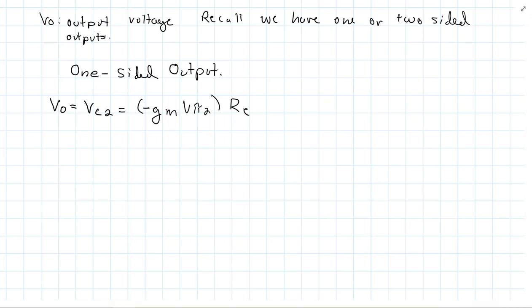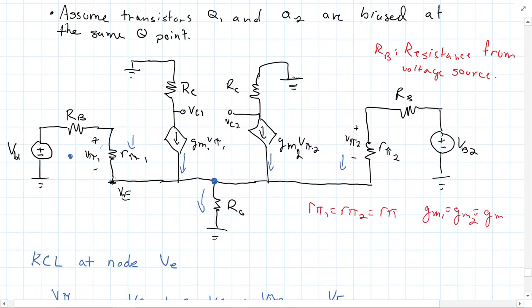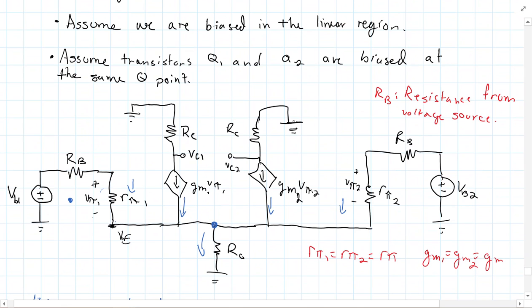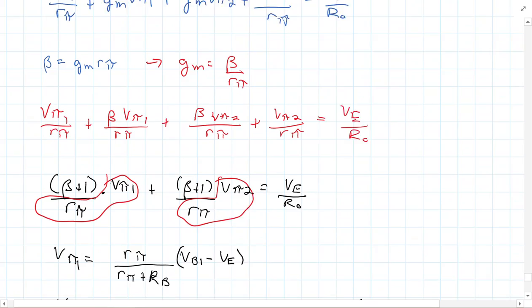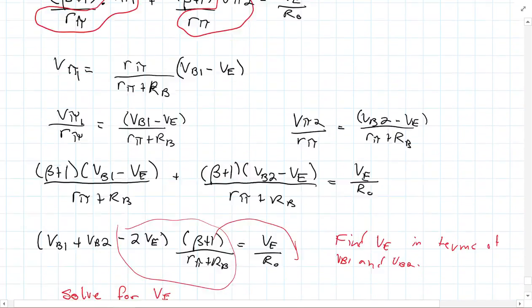Okay, well, now let's go back to that circuit again. V pi 2 is VB2 minus VE over the sum of those resistances. Well, it's not that.